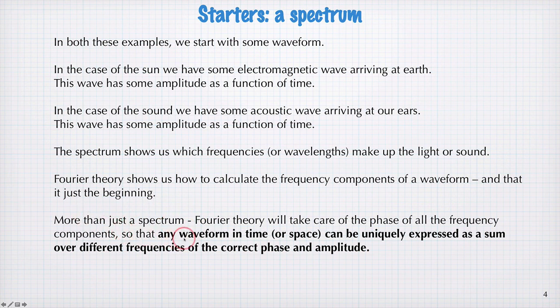It takes any waveform in time or space, and you can uniquely express this waveform as a sum over different frequencies with the correct phase and amplitude. So for any waveform or shape in time or space, you can write that down as a sum of different frequencies with the right phase and amplitude, and then draw a graph of what the amplitude and phases of all these different frequencies are. And this graph of amplitude and phase, that's called a Fourier transform.